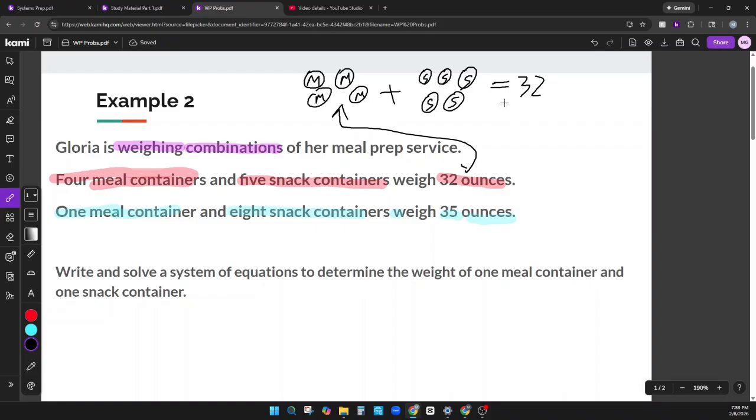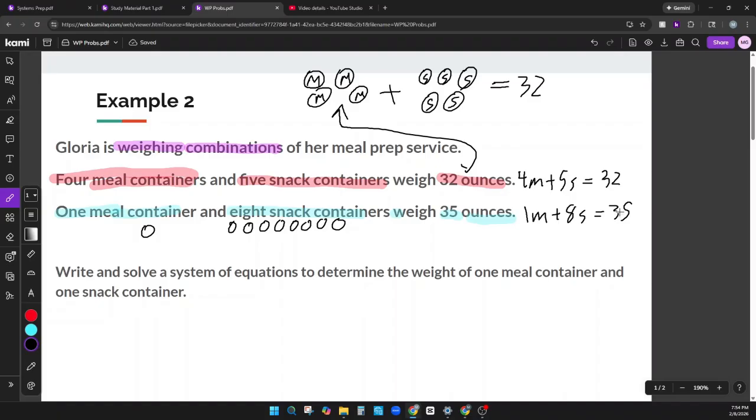So my equation is going to be 4 meal containers, so I'm going to write 4m, plus 5 snack containers, we'll call that 5s, is equal to 32. Okay. And if we do something similar for our second equation, we should get 1 meal container plus 8 snack containers is equal to 35.